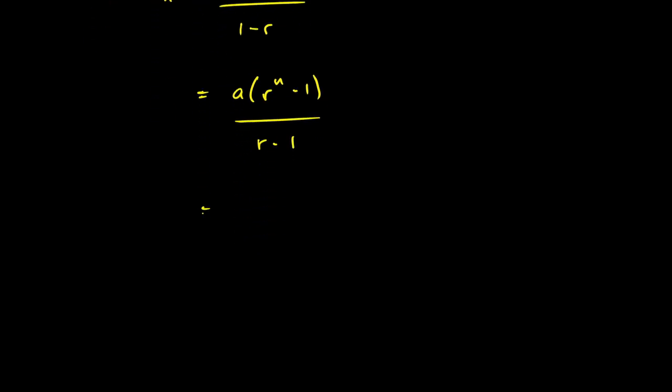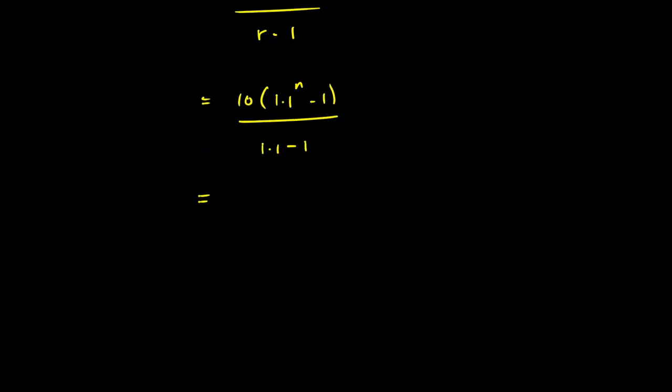So our a is equal to 10. R, as we said, is 1.1, so 1.1 to the power of n minus 1 all over r, which is 1.1 minus 1. Now 1.1 minus 1 is 0.1. And dividing by 0.1 is the same thing as timesing by 10. So this is 100 bracket 1.1 to the power n minus 1.